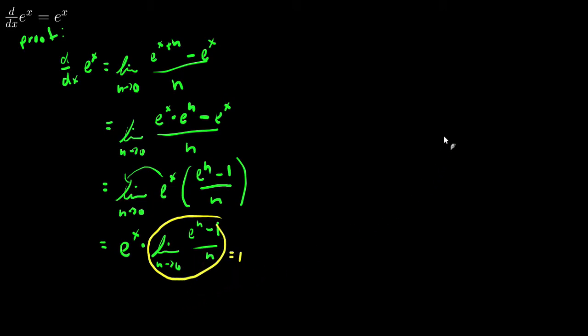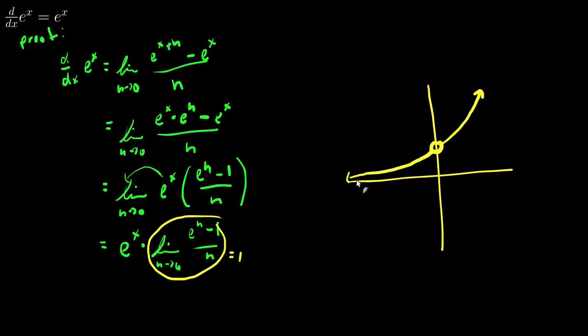If I were to look at the graph of e to the x minus 1 over x, it's going to look like this, of course undefined when x is 0. But you can see from both sides it's approaching 1. So this limit is equal to 1, which means my derivative is equal to e to the x.